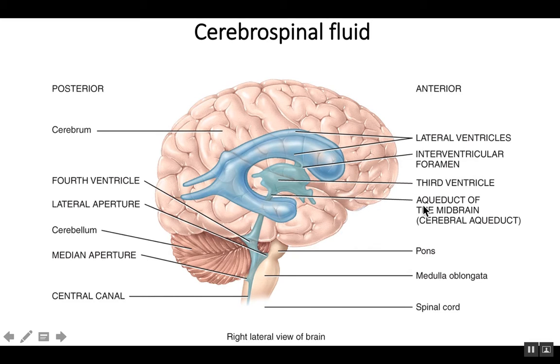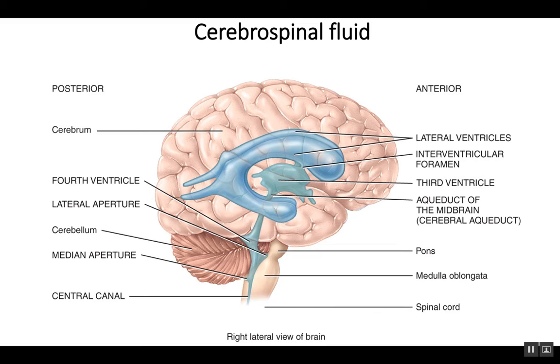That tube is known as the aqueduct, either the aqueduct of the midbrain, because it goes right down the midbrain, or the cerebral aqueduct. The fourth ventricle is situated between the cerebellum and the brainstem, and then from the fourth ventricle, cerebrospinal fluid can go down the central canal, but also gain access to the subarachnoid space, which, if you recall, is the space between the arachnoid mater and the pia mater.